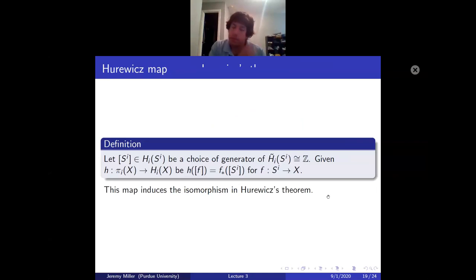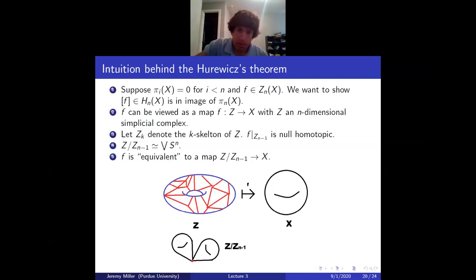So if you want to think intuitively, not every class in the homology of X comes from a sphere, and the Hurewicz map is sort of asking which ones come from spheres. You should think of the ith homology group as the space of i-dimensional things without boundary modulo boundary of i+1 dimensional things.